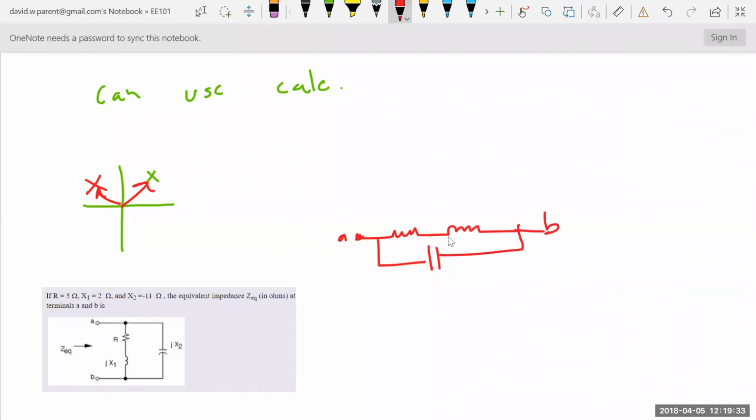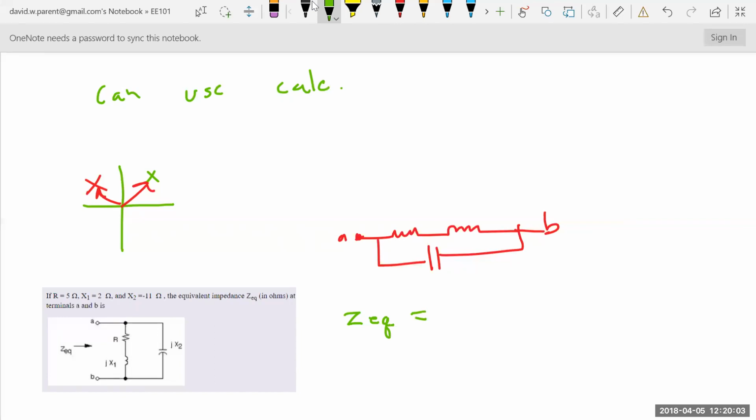Well, maybe it's a non-ideal resistor or a non-ideal inductor or a non-ideal capacitor, but we would be finding out what the impedance of that whole area is, all right? You don't really have to learn anything new from what you know about resistors in series and in parallel.